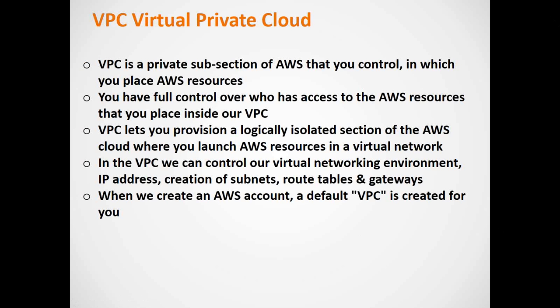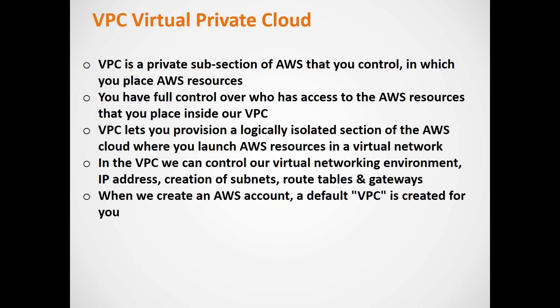The same way, instead of having physical machines, we have the machines over the internet, that is, on AWS. So in AWS, if you want to create a specific closed network, that is what we call a VPC, where using the VPC we specify all the resources that we want to put.